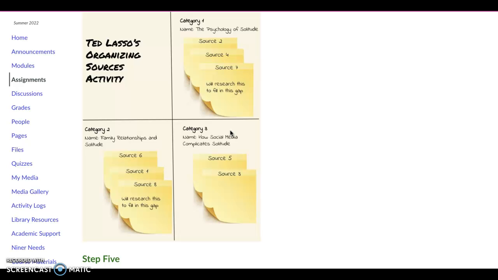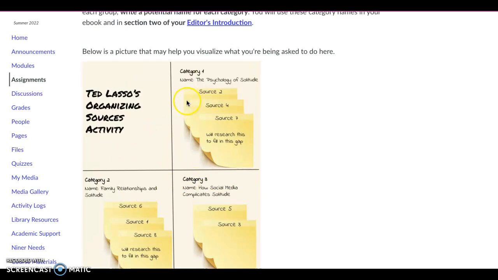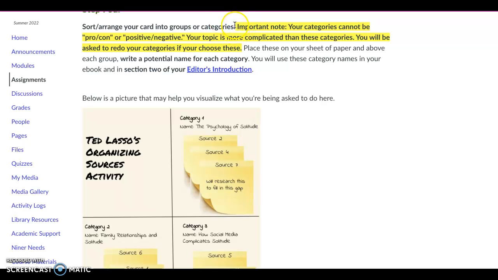And you want to think about, well, what would be the best way for a reader to encounter these sources, and how can I categorize them to help a reader understand my topic a little better? One thing that I have here that's really important is that your categories cannot be simply for or against, pro, con, positive, or negative.